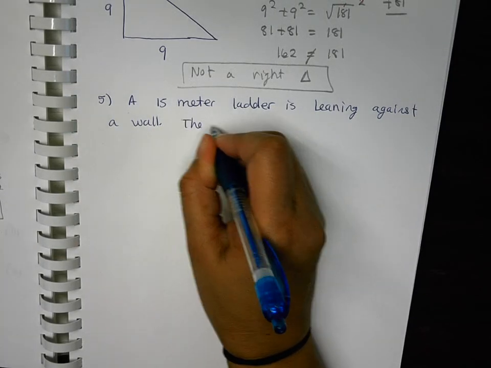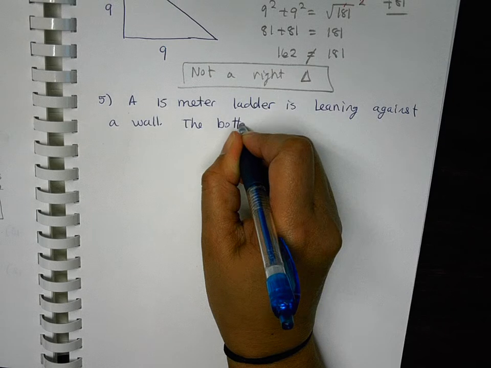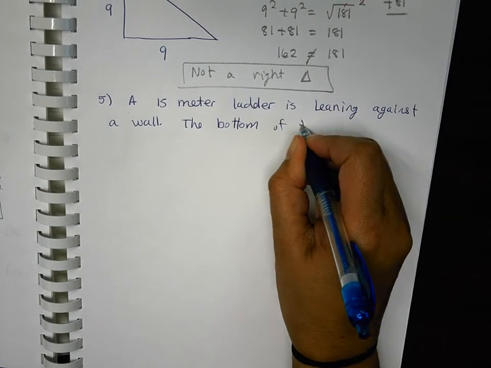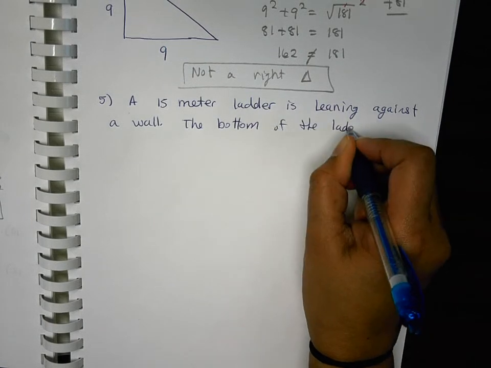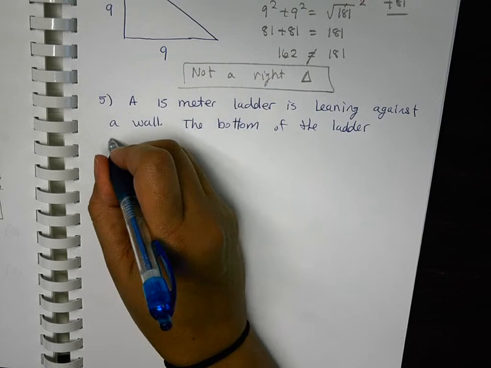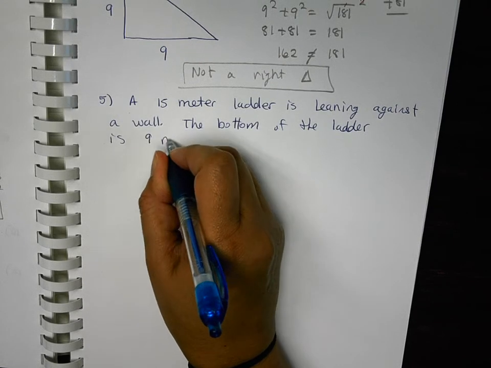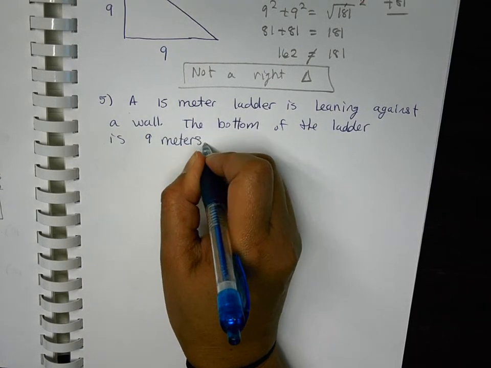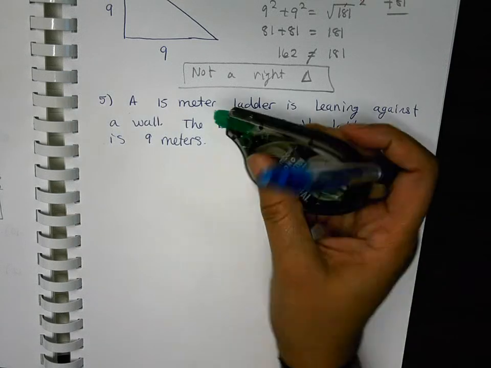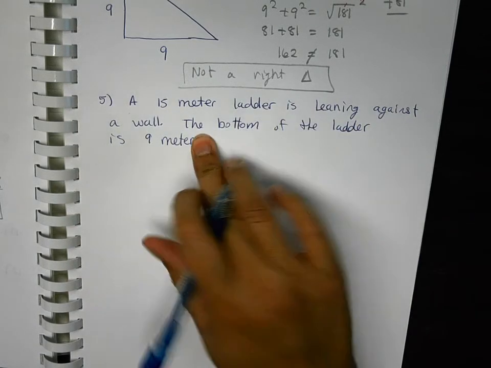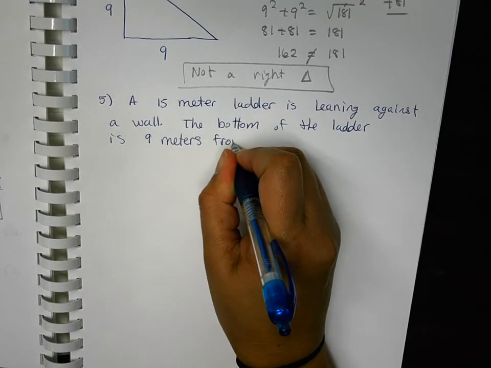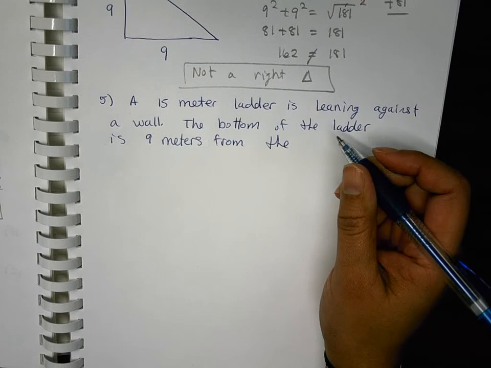The bottom of the ladder is 9 meters from the wall.